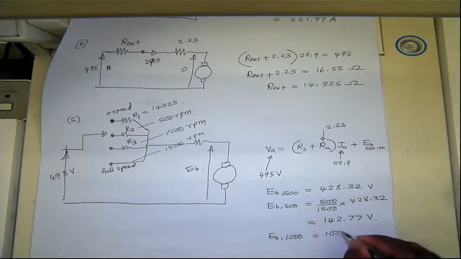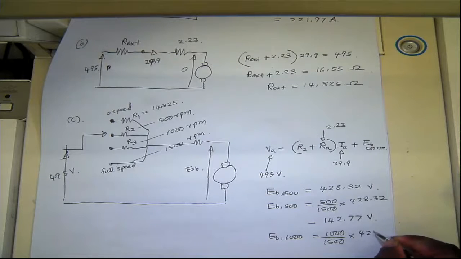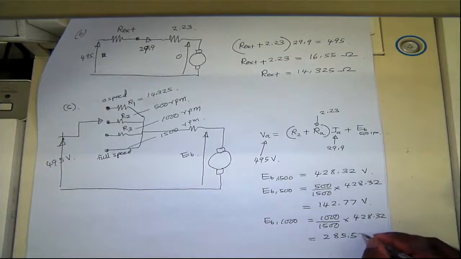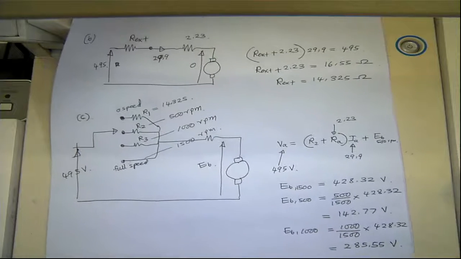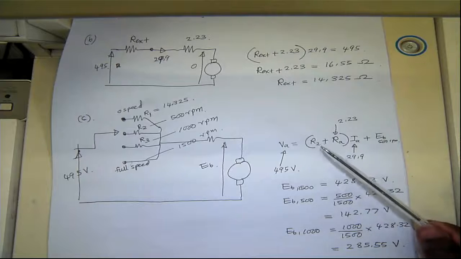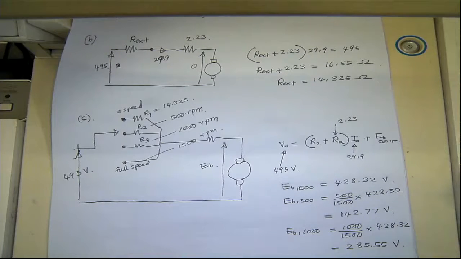So that's 1000 over 1500 times 428.32, which is twice this, 285.5 volts. If we substitute that here, you'll be able to figure out the R2 and R3 values.